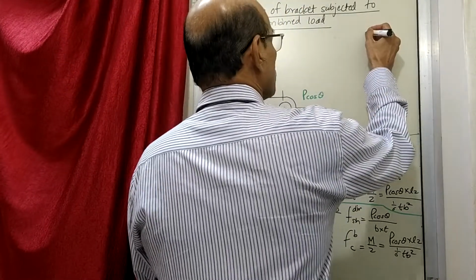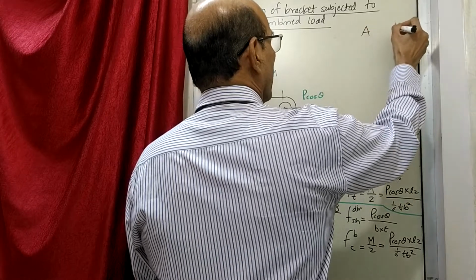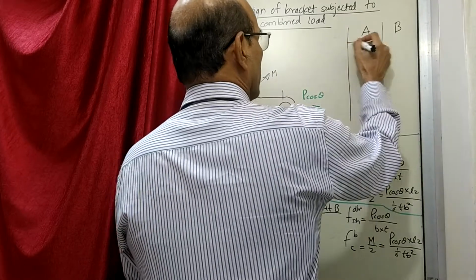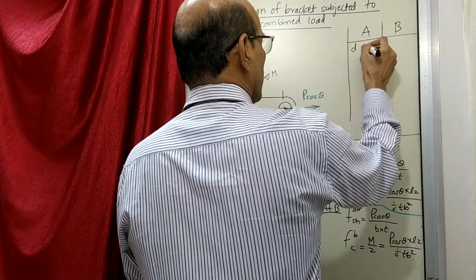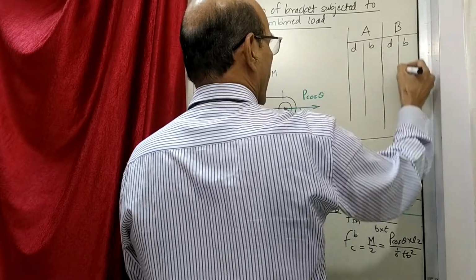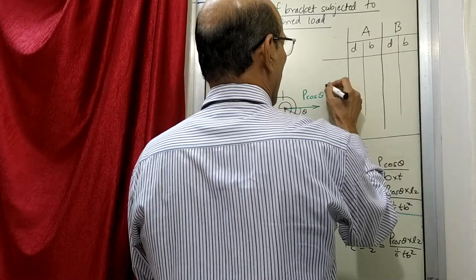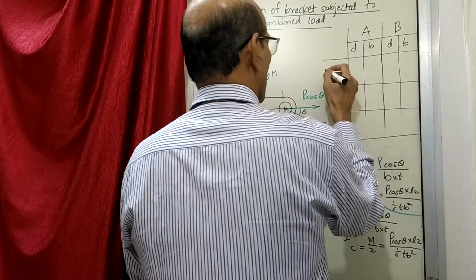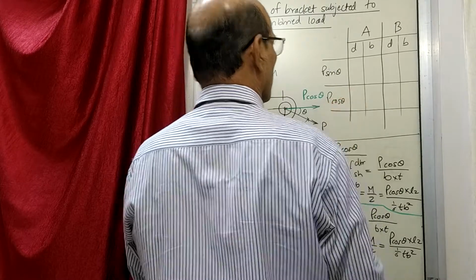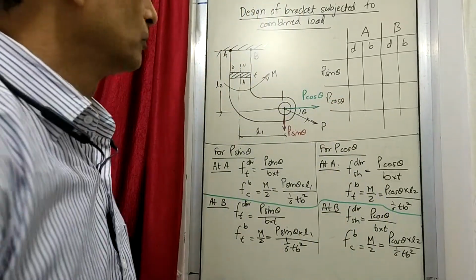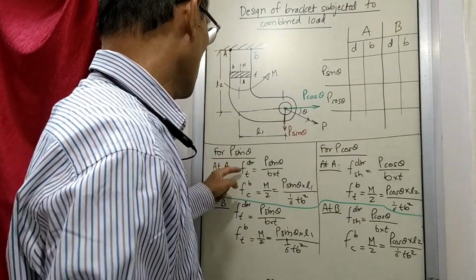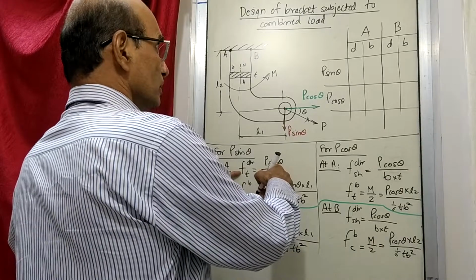I'll prepare one small chart here, A and B, and then under A there is direct and bending, direct and bending, and then here P sin theta and P cos theta. Okay, so at A, because of P sin theta, direct is this and bending is this.